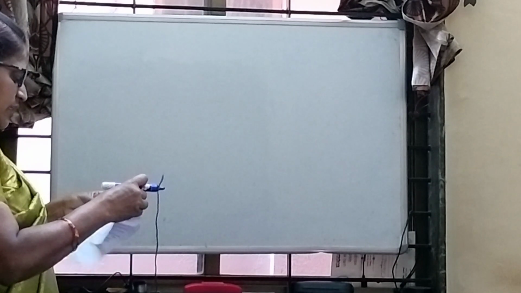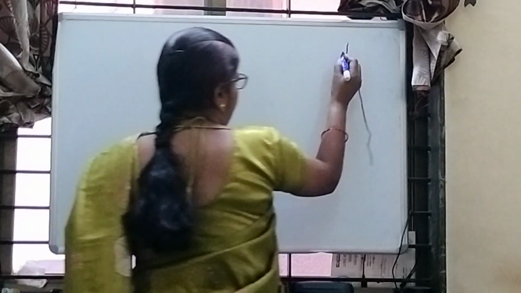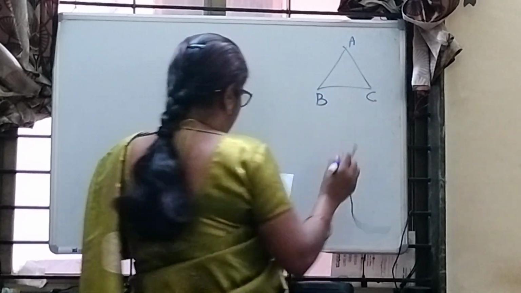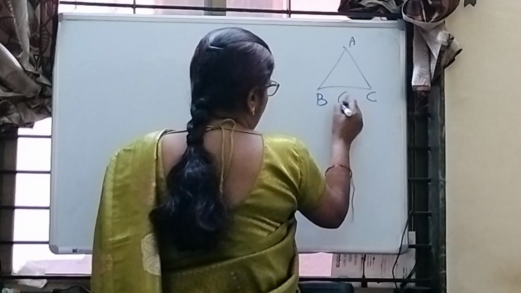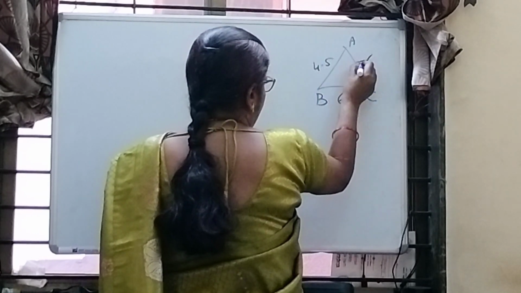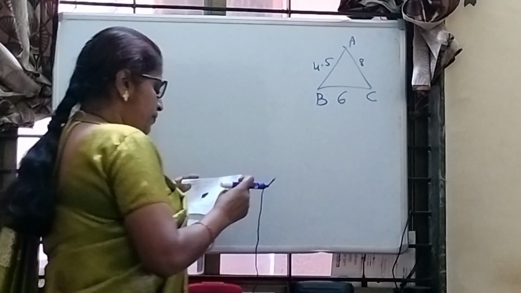You can understand them. So next, the question number 36. Construct a triangle with sides 4.5 centimeters, 6 centimeters and 8 centimeters. Rough diagram if I draw ABC. So usually the middle value will take it here down 6 and one is 4.5, another one is 8 centimeters.